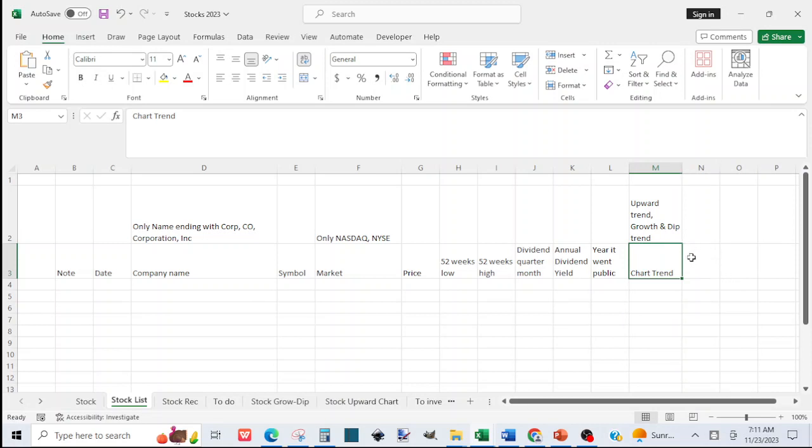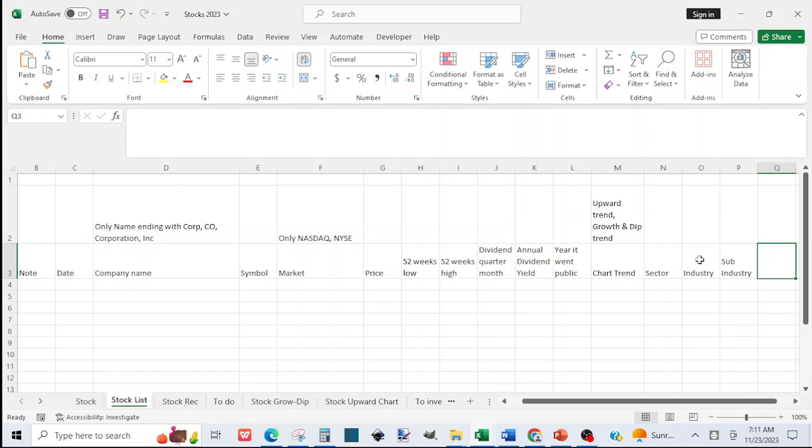And you want to have the sector that company is in. You want to have the industry. You want to have the sub-industry. Is for your own record.